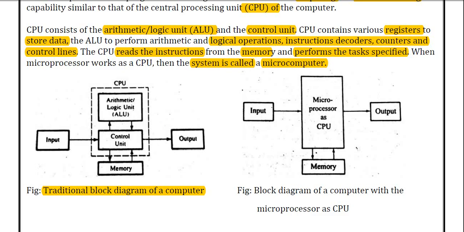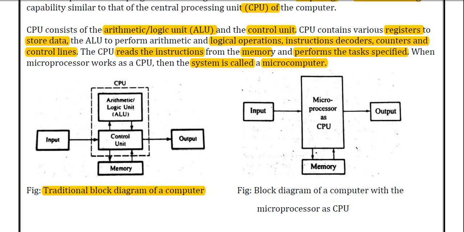By this diagram we can see the traditional block diagram of computer. In this computer we have the CPU portion, and in this CPU section we have the arithmetic and logical unit, which is known as ALU, and the control unit, which together make up the CPU.